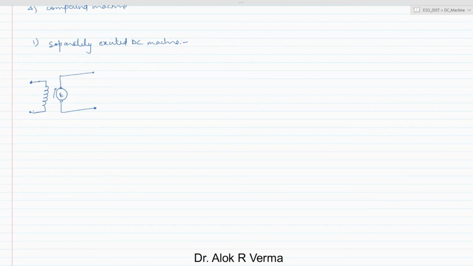When we talk about the generator, the polarity of E and V will be like this, and the direction of the current will be outward, and this field winding will have a current IF, and the supply will be given separately.